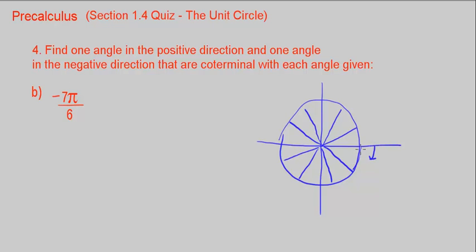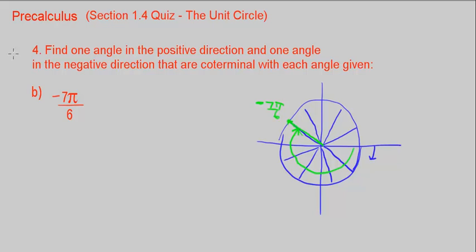Let's use a different color. We have negative 1 pi over 6, negative 2, negative 3, negative 4, negative 5, negative 6, negative 7 pi over 6, right? So right here, this is the terminal point of negative 7 pi over 6, okay?